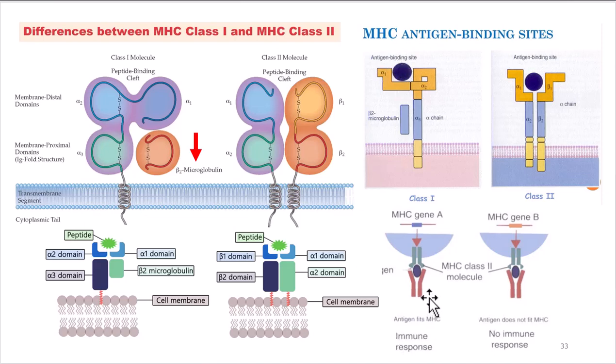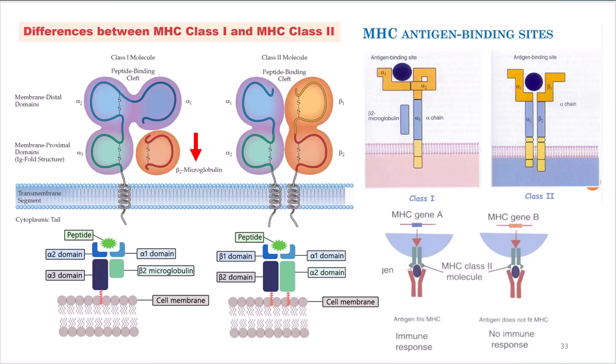Not all presentations are productive. They do not all lead to passing on of the information, say, to the T helper cell. If the peptide is bound incorrectly, if it's too big, if it's not trimmed right, if it's too small and it keeps floating out of that, you're not going to get recognition by a T cell, and you're not going to get an immune response.